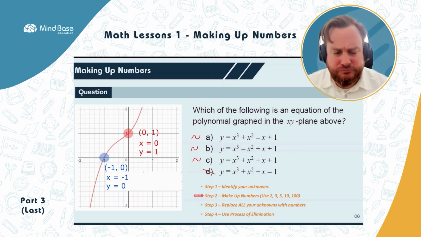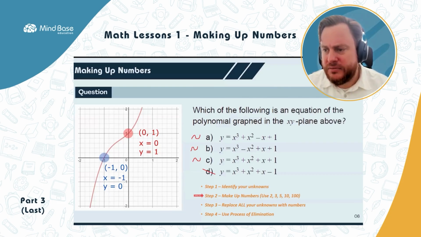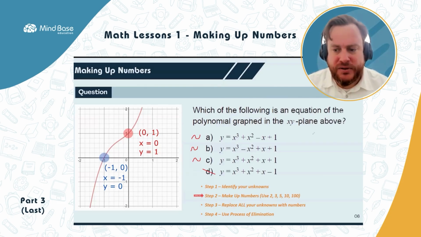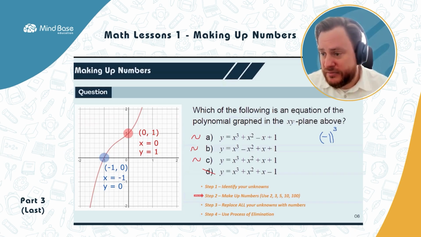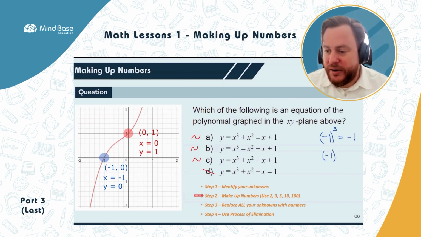Now, before we plug these into the answer choices, I just want to review something very quickly. What happens if I bring -1 to the 3rd power? It stays -1. But what happens if I bring -1 to the 2nd power? It becomes +1. And if I have -1 to the 1st power, it just stays as -1.